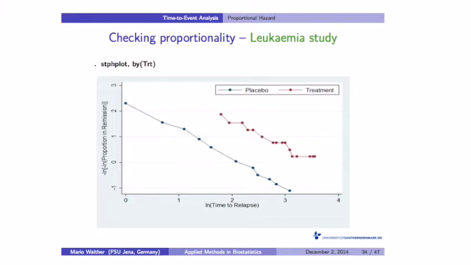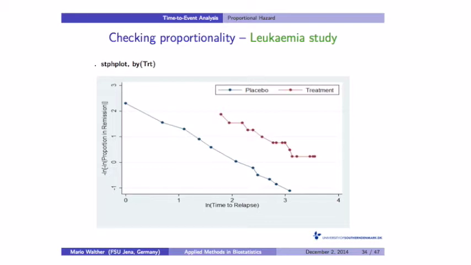But if you have another picture, log time, and you have minus log, and you have such a curve, then you would deduce there is no parallel curve. And if you have such a thing, what would we deduce?